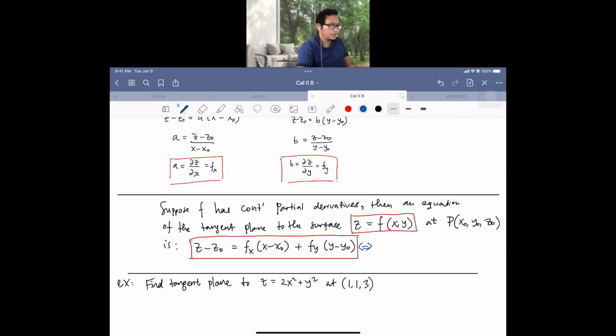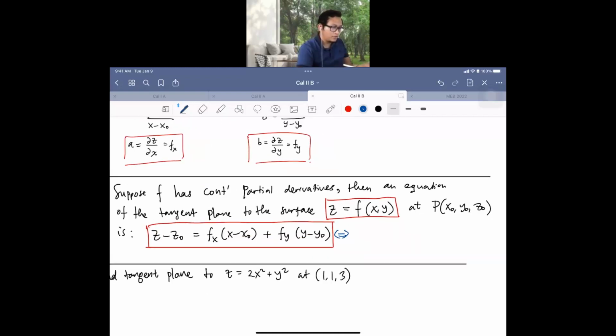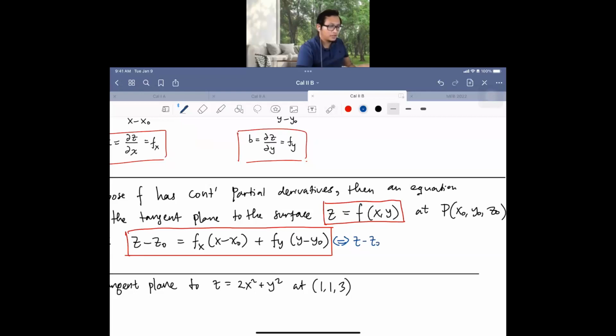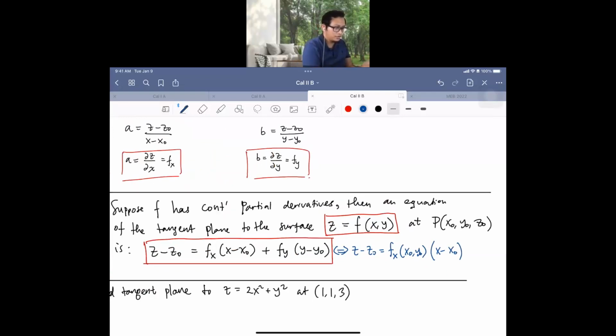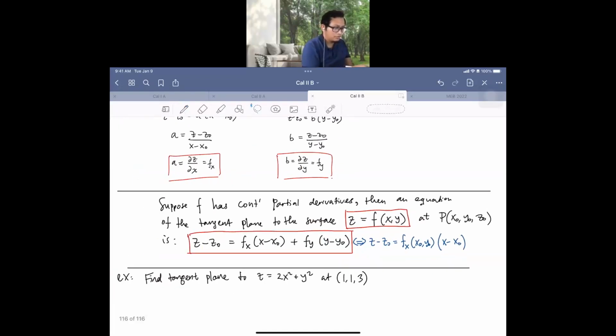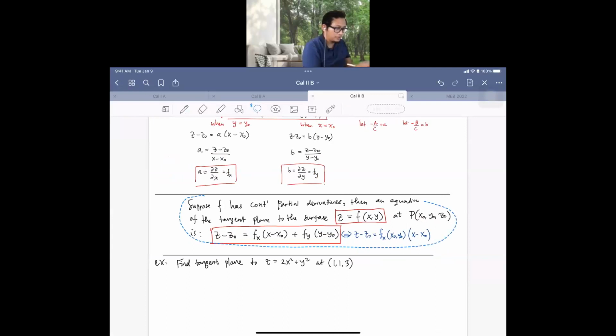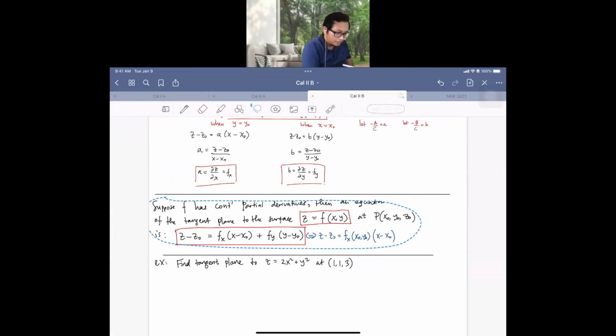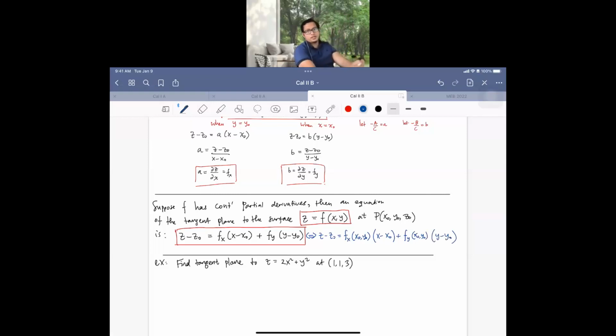So we can write z minus z0 equals partial x at this point times x minus x0, and then plus the other way around, partial y at this point. To be clear.